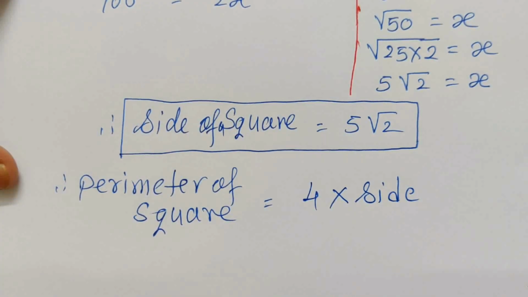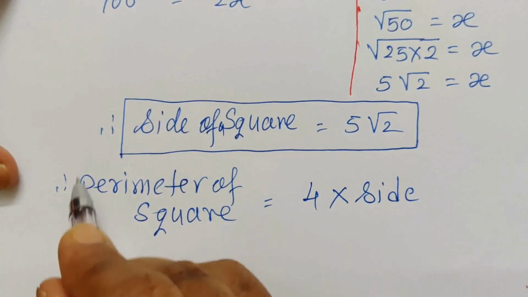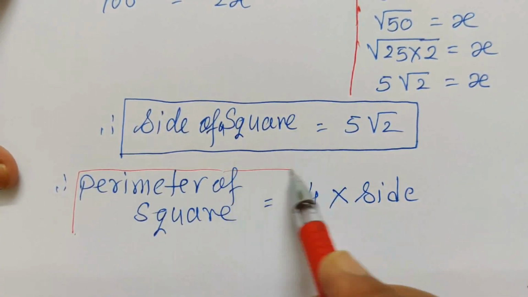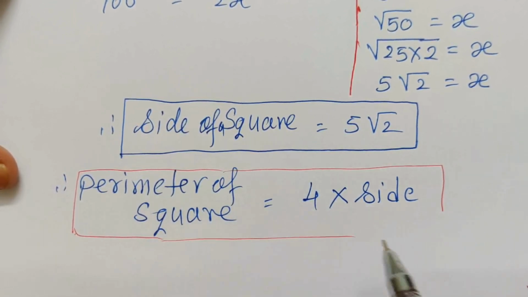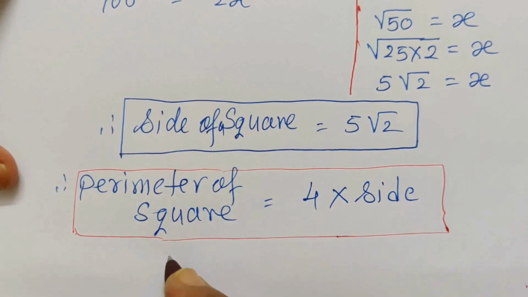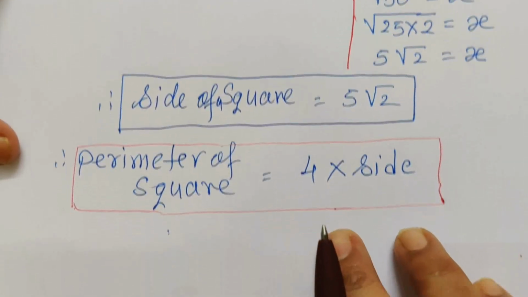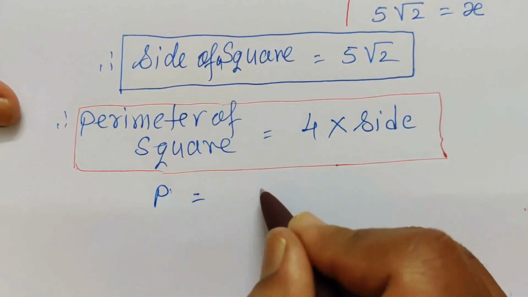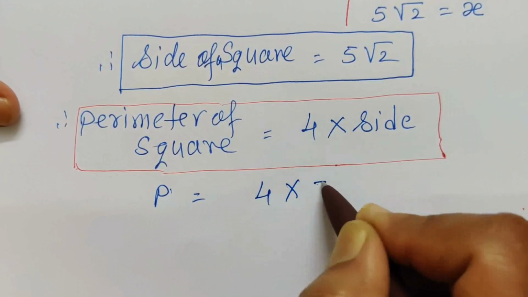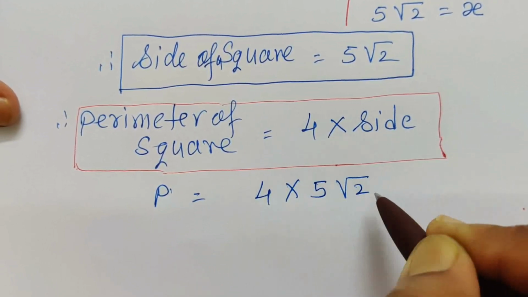So perimeter of square, the formula is perimeter of square is equal to 4 multiplied by side. Now just put the values in the formula and calculate. So perimeter is equal to 4 multiplied by side, that is 5 root 2.